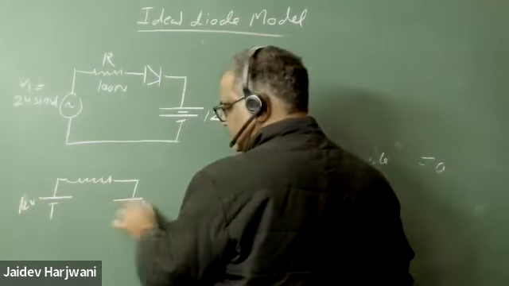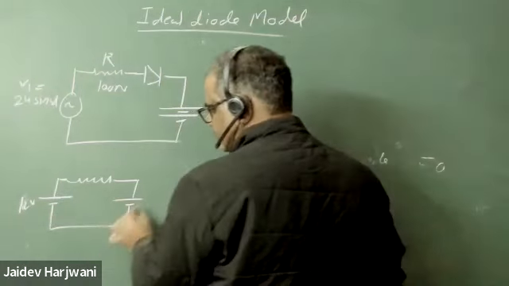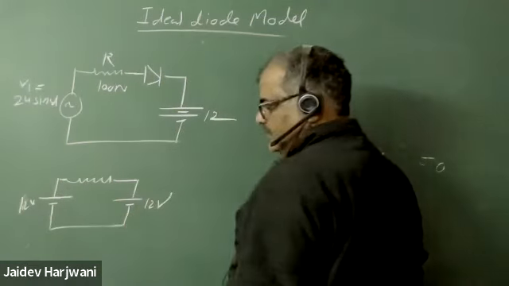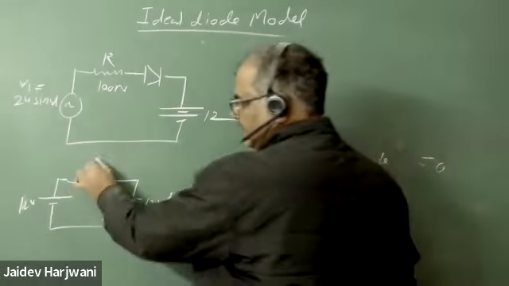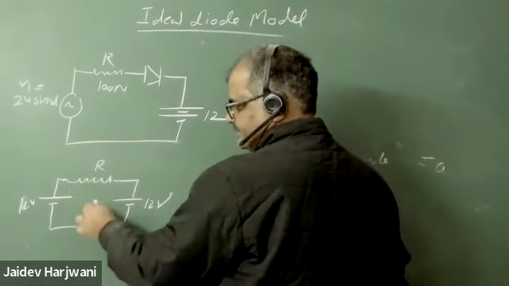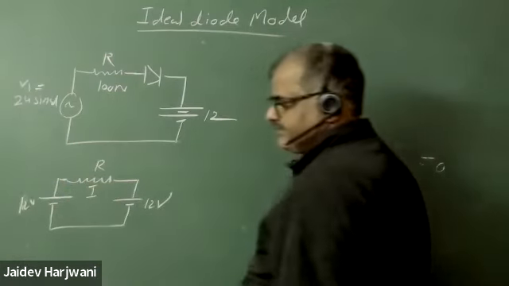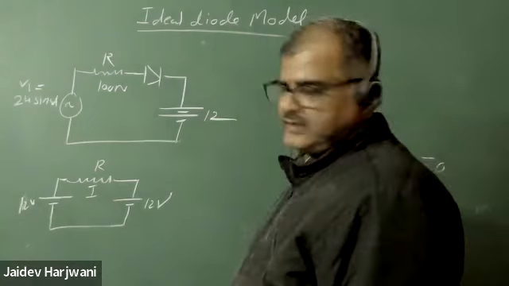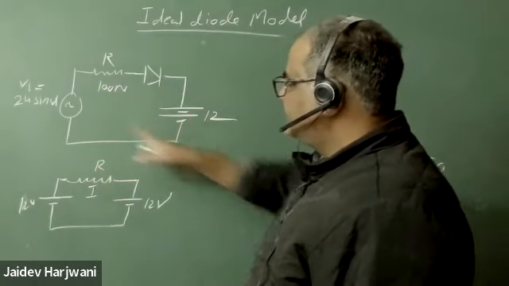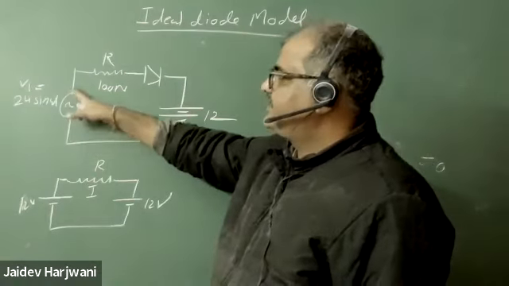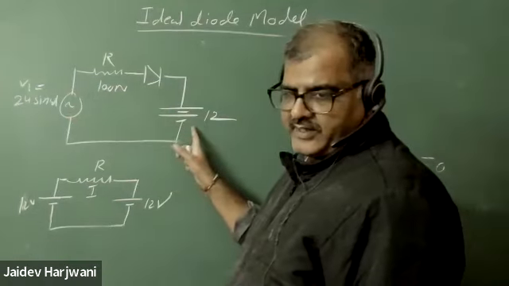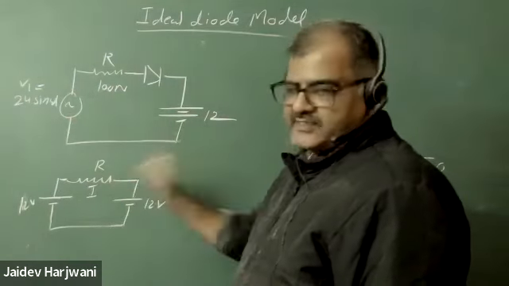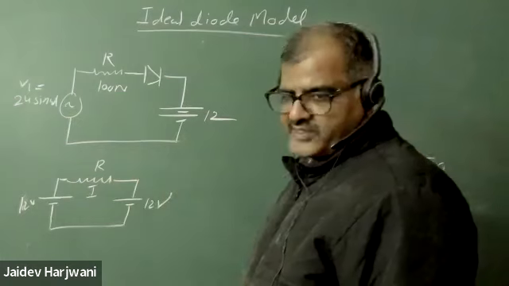Can you tell me how much current will flow in the circuit? 0. Until this voltage gets greater than this voltage, current cannot flow in the circuit.